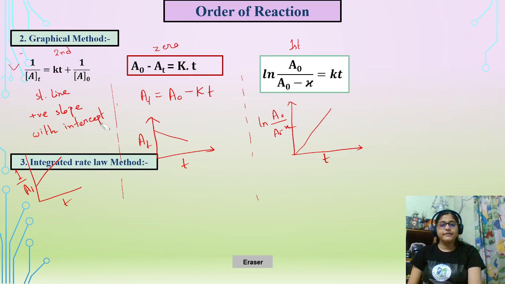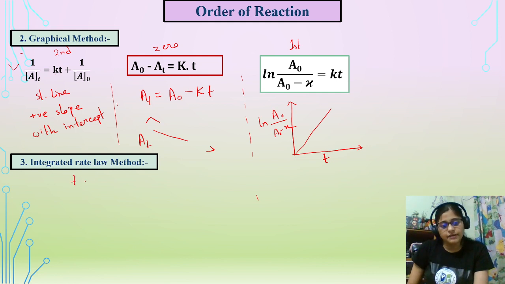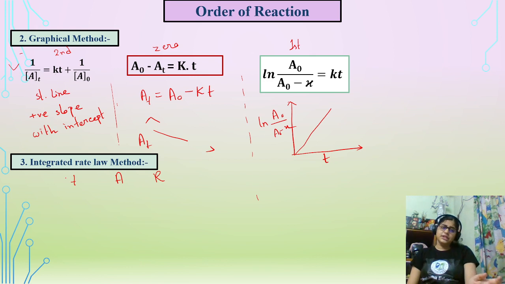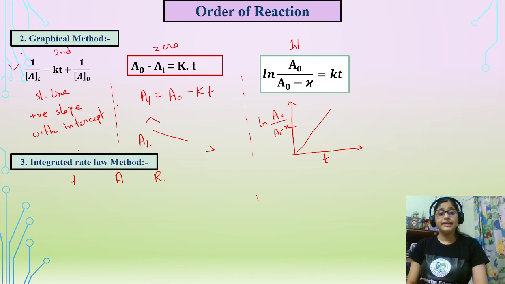Then the integrated rate law method. If you know these three equations, and various data are given, that at t the concentration of, let's say, reactant, and the rates also they can give. But if only t and A values are given, various t and A values, then it is a hit and trial method.